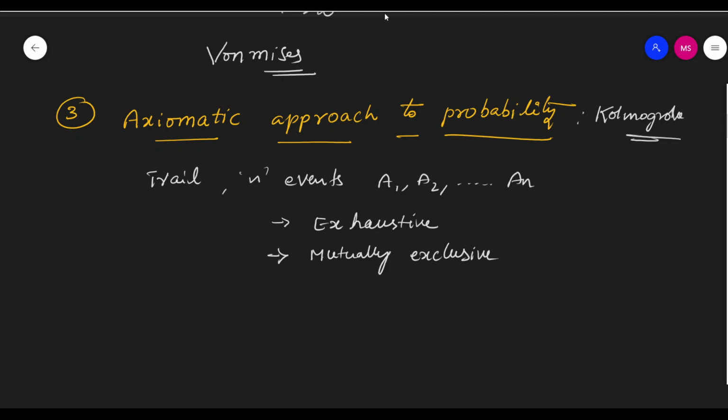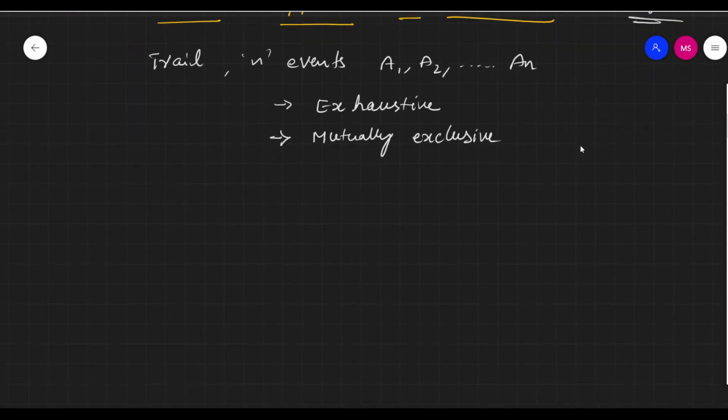And the union, i running from 1 to n of Ai, yes, this is an important point in the definition. The union i running from 1 to n of Ai, that means A1 union A2 union and so on An, is equal to S, the sample space S.